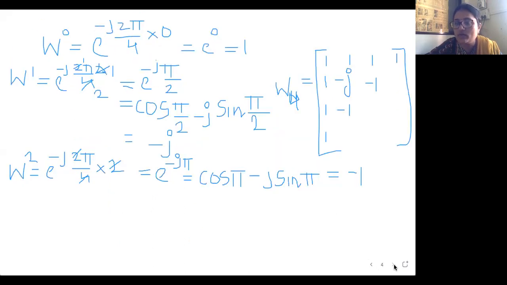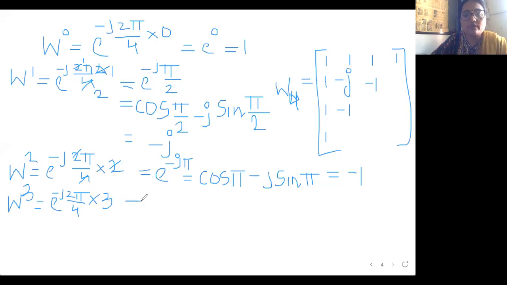Again we have to substitute the value of W. So W is e raised to minus j 2 pi divided by 4, multiplied by 3.